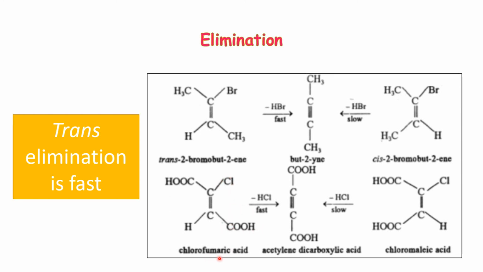But because fumaric acid is trans and this is just a chloro derivative, we are naming it as trans. So in this case also, trans elimination of HCl will be very fast to form acetylene dicarboxylic acid. Whereas in the cis isomer, wherein both the leaving groups are on the same side, that reaction is slow.